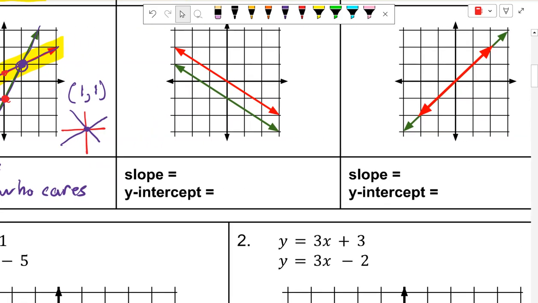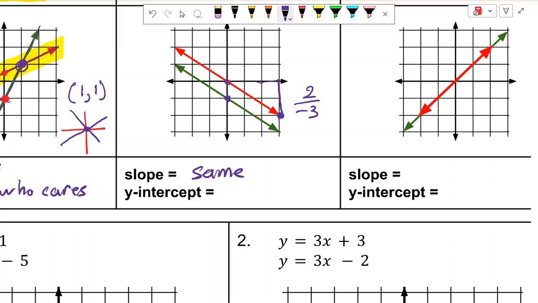The next one, you can see the red and green have the same slopes. Their slopes from here to here are up 2, left 3, and left is negative, so the slopes for both of these are negative 2/3.